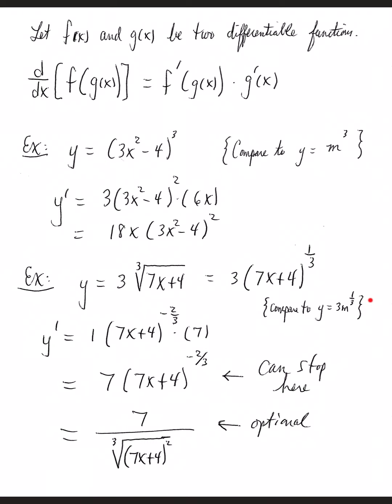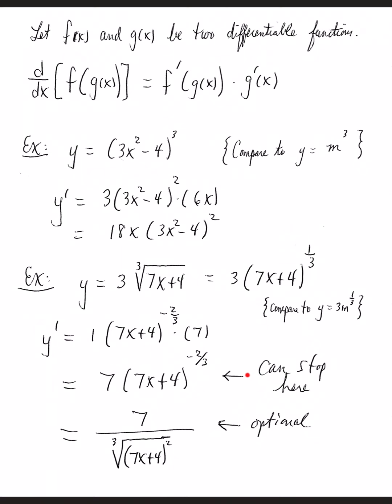When you take 1 away from your power, 1/3 minus 1 is negative 2/3. Now chain the derivative of the interior part to the end. That derivative is 7, so 1 times 7 is 7, times (7x plus 4) to the negative 2/3 power.